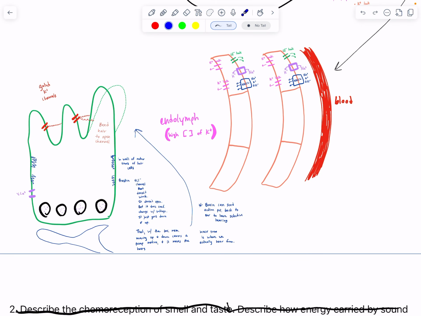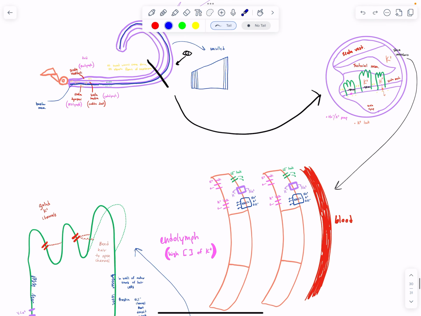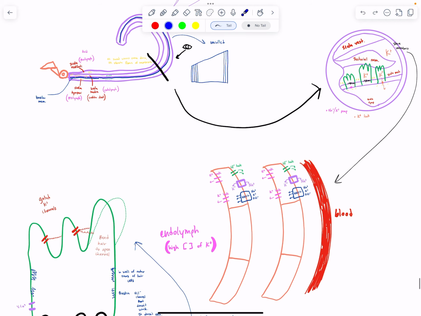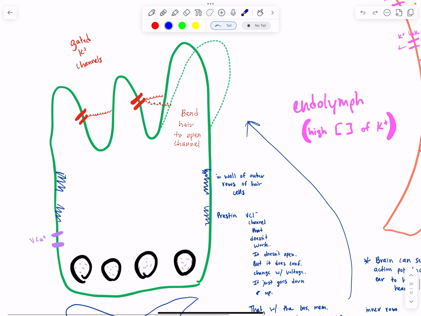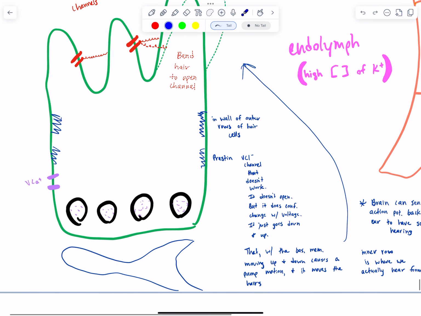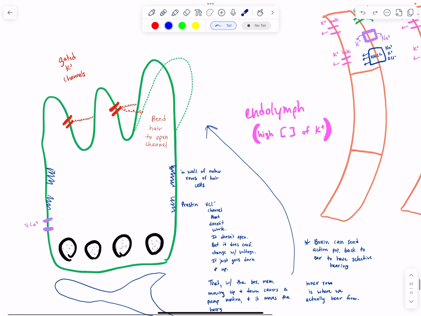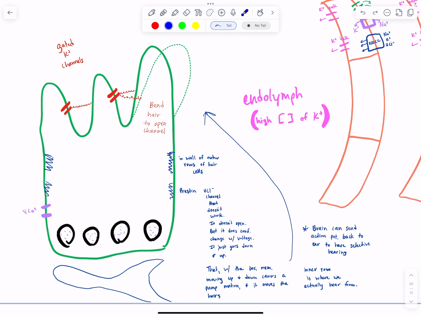Potassium is going to rush out of the cell, not out of the cell, my bad. It's going to come into the cell. Potassium is going to enter the cell because it has to depolarize if we want to hear anything.